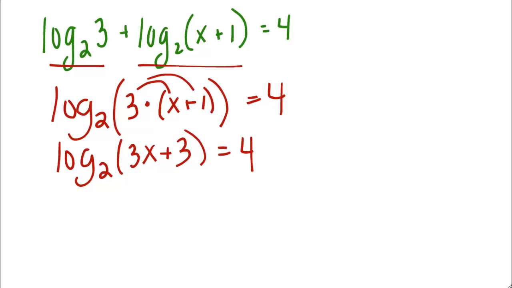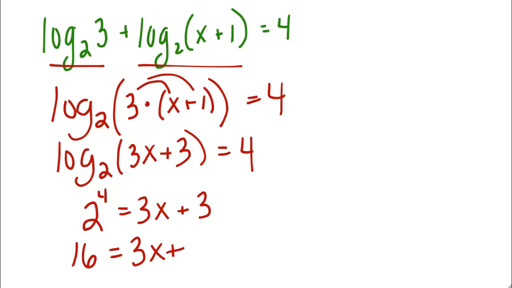Now it looks very similar to the previous example. I can go to exponential form. 2 to the 4th equals 3x plus 3, and it's become a linear equation again. 16 equals 3x plus 3. So 3x is equal to 13, and x is equal to 13 thirds.